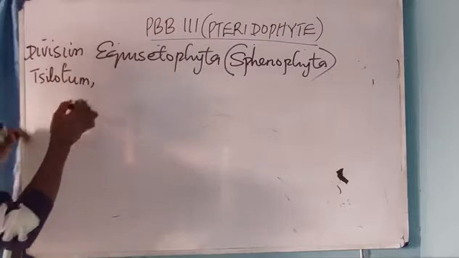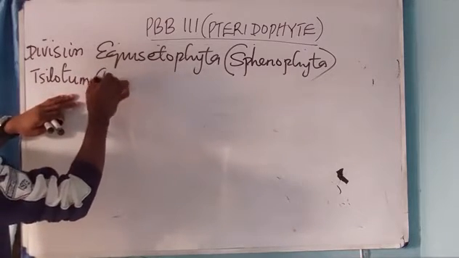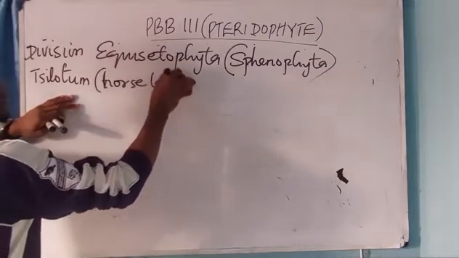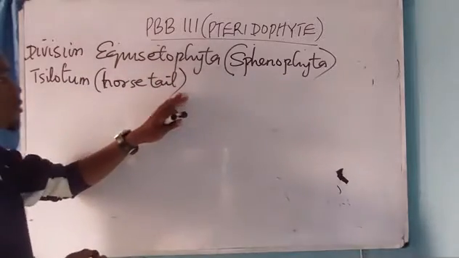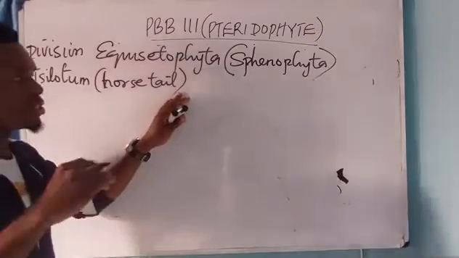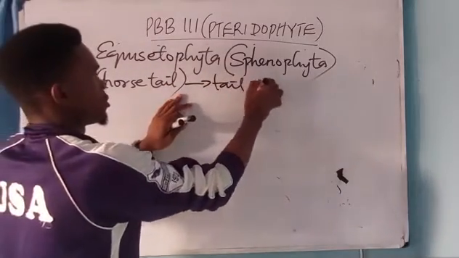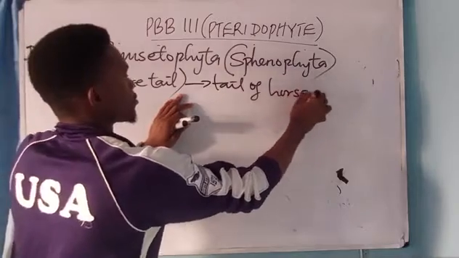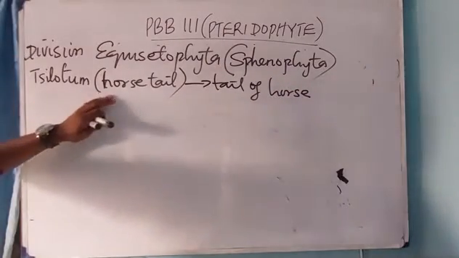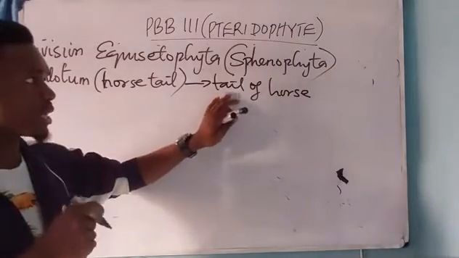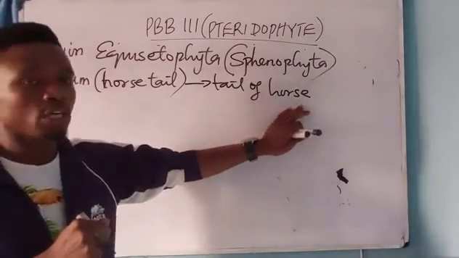Coelom is found in this group, and Coelom is called what? Horsetail. It is called horsetail because the branches look like the tail of what? Horse. Alright, the Coelom is called horsetail because its branches look like that of the tail of a horse.